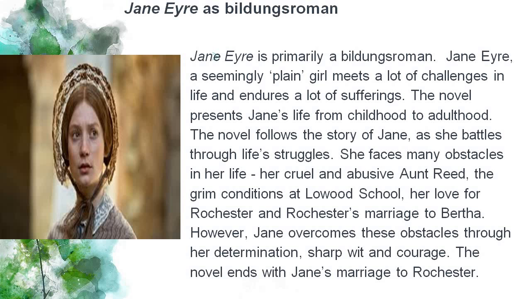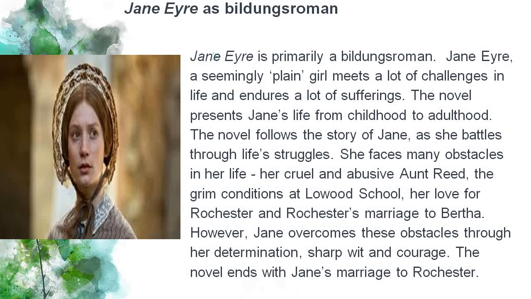Jane Eyre, a seemingly plain girl, meets a lot of challenges in life and endures a lot of sufferings. The novel presents Jane's life from childhood to adulthood. The novel follows the story of Jane as she battles through life's struggles.